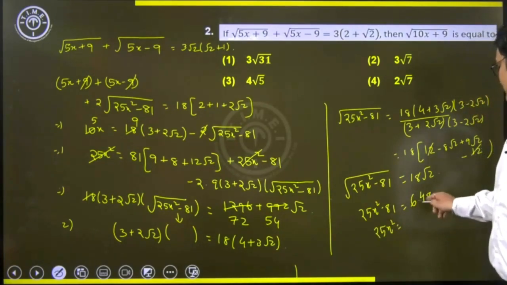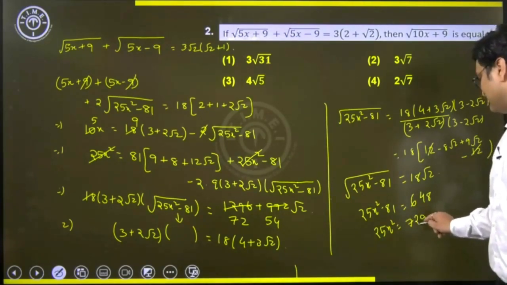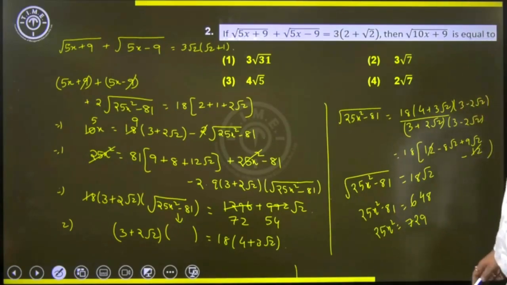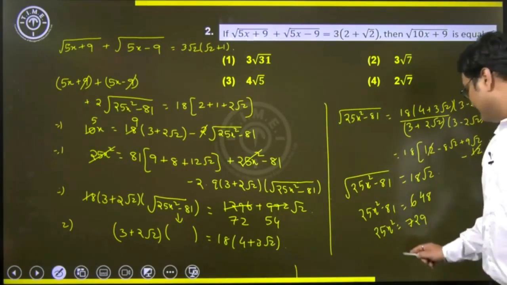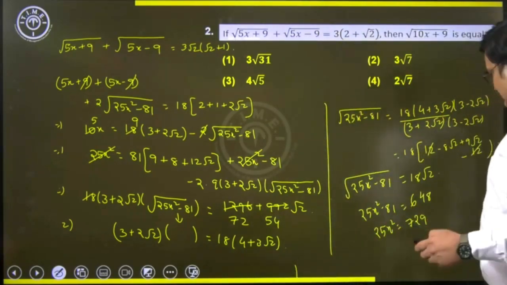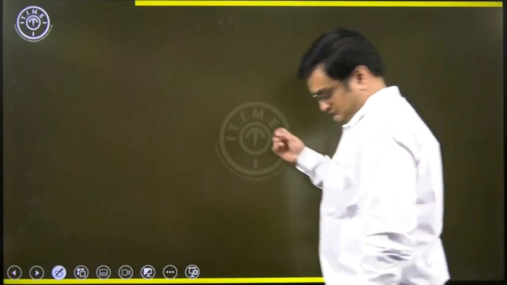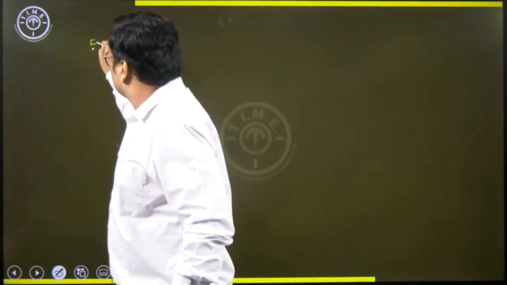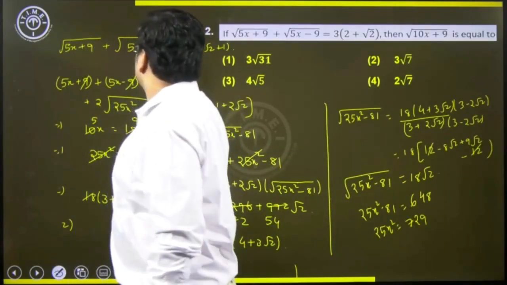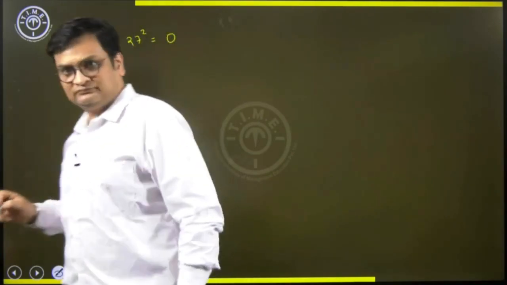So this will be what? 729, and we know 729 is nothing but 27 square. So when you take the square root, here, one second, I will continue on the next slide. So this will give us what? This is 5x whole square minus, that is 27 square, is 0.